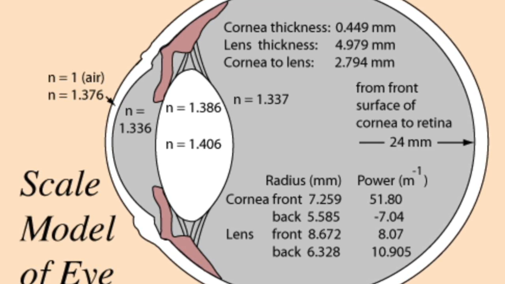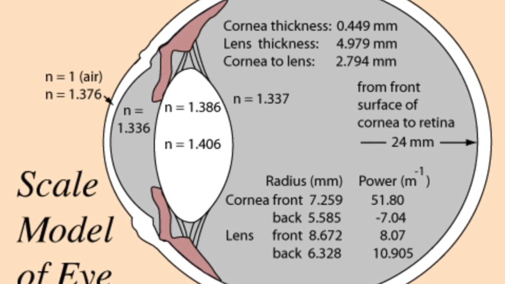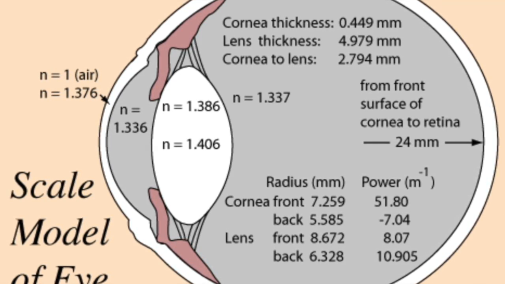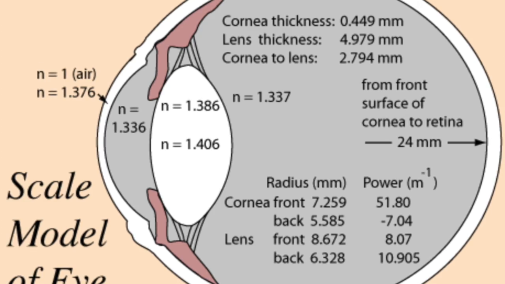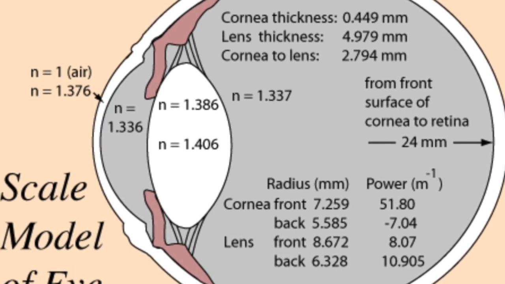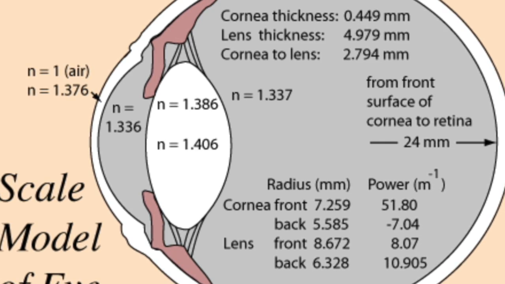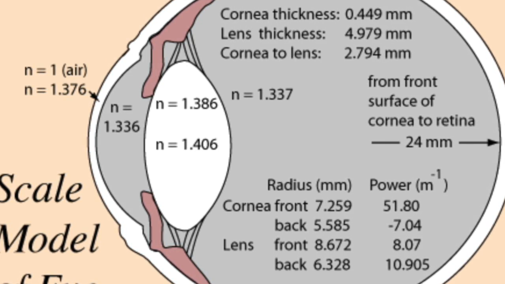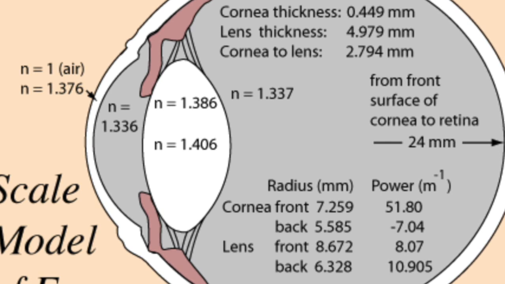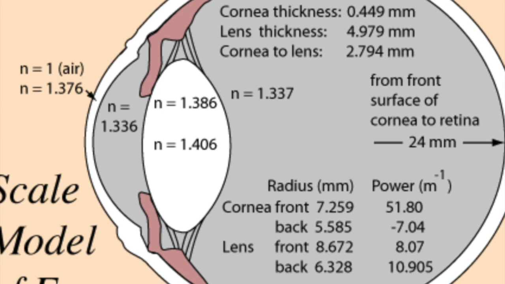This difference in index of refraction from air to the cornea is largely what causes light refraction. After the cornea, light hits the aqueous humor, a watery liquid that surrounds the lens with the index of refraction of about 1.336. This is not a huge difference from the cornea's index of refraction of 1.376, which is why most of the bending happens from air to the cornea.